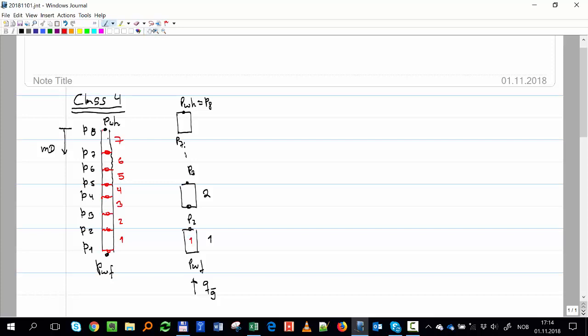Segment 1, I enter with PWF, and I come out with P2. Yes? Now segment 2, which is this one, I have the number here. So that one comes in with P2 and comes out with P3. This is a 3, I think. So, okay, let me see, like that, okay?